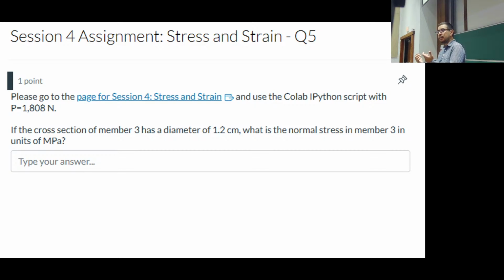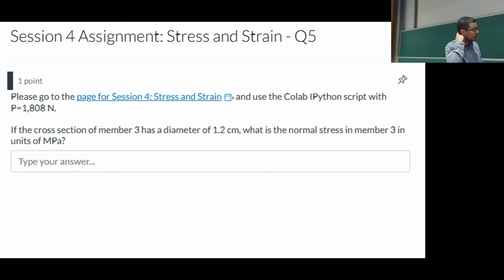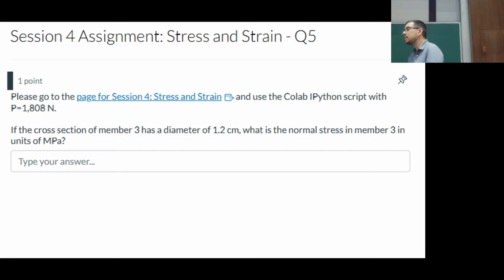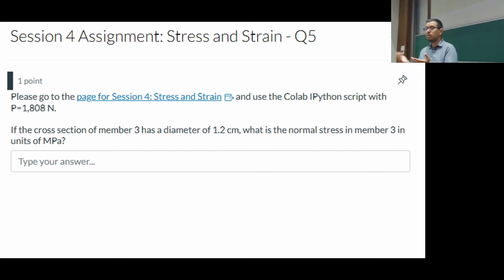We kind of talked about this. But the members themselves in that truss system only support an axial load. So this is an opportunity to think about calculating what the normal stress in a member is. You need to know the force and the cross-sectional area.